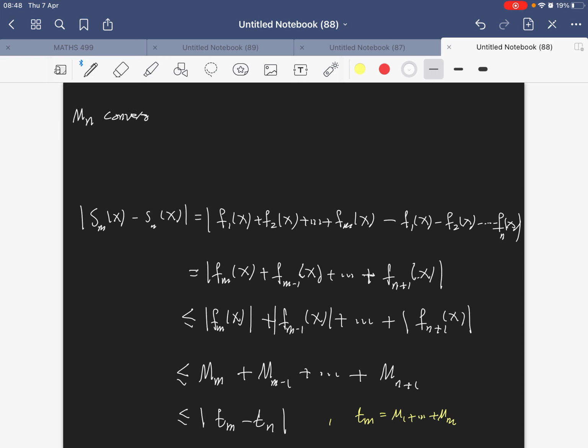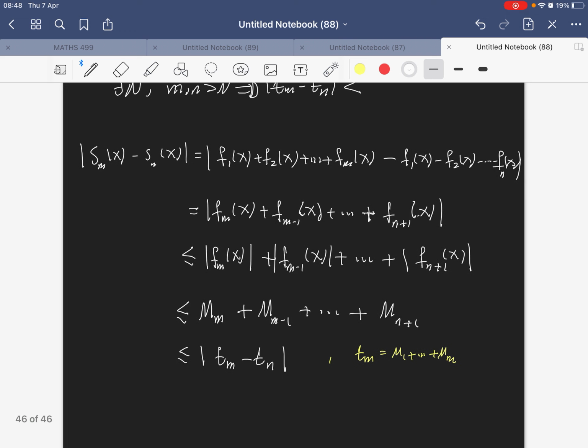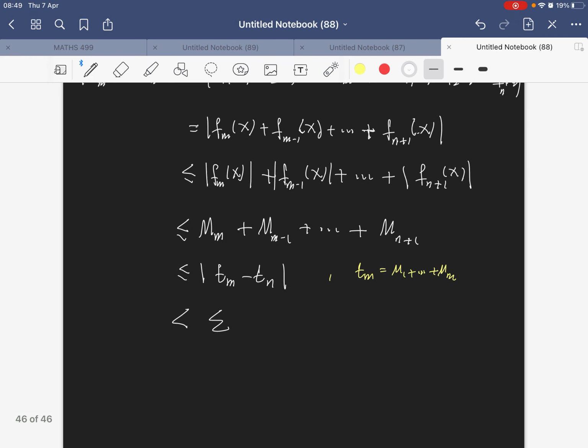Mn converges, so it is Cauchy. So there exists N such that if m and n are greater than N, then Tm minus Tn will be less than anything I want it to be. Of course, anything in epsilon. Epsilon over 2, epsilon over 5, but for things to happen it must be less than epsilon, so I will choose it to be less than epsilon, and it will end the proof. So it is kind of just putting things together, and that's how it is.